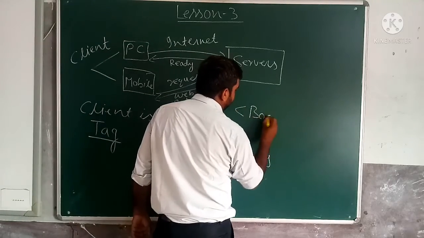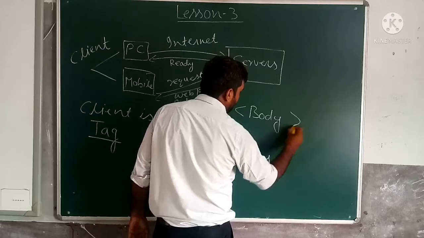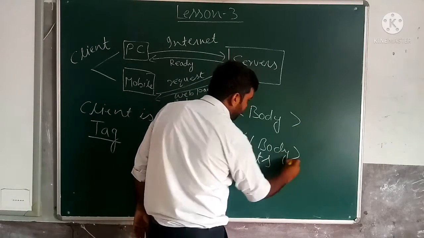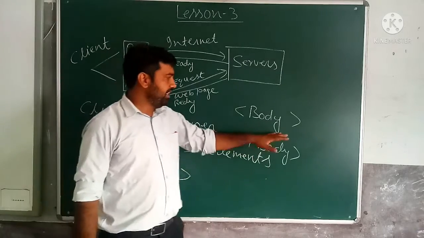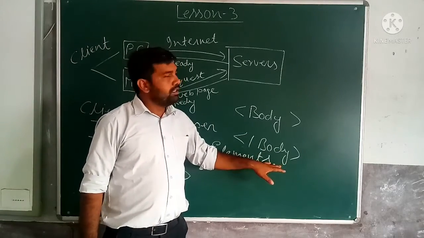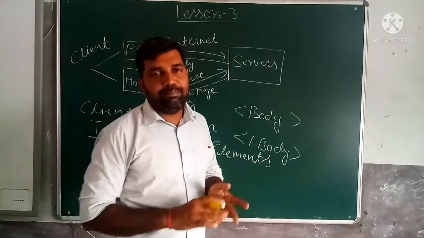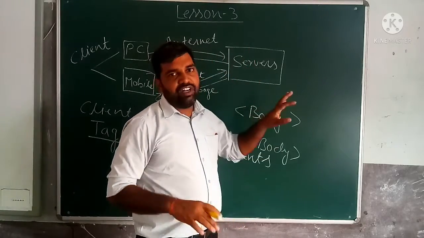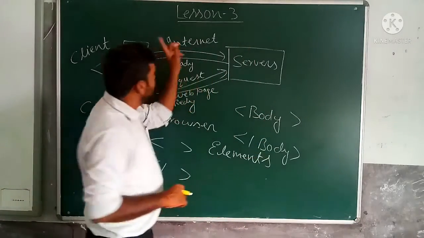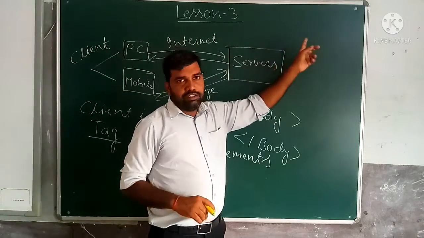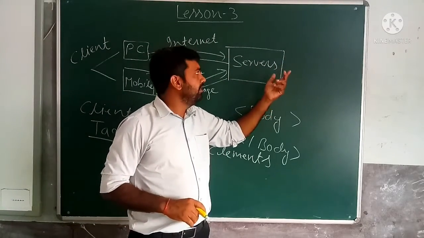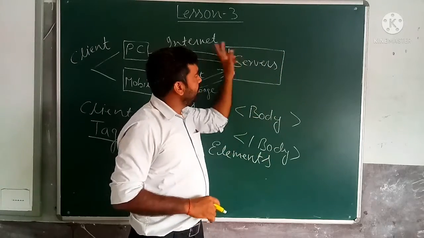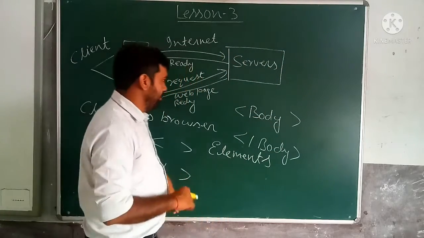the body element. Whatever we write inside the body, that you will see on the web page. That is called the body of the web page. In any web page you open, you find different frames, and the topmost horizontal bar where the name of the application is written, like Microsoft Word, Microsoft Excel, is called the title bar.